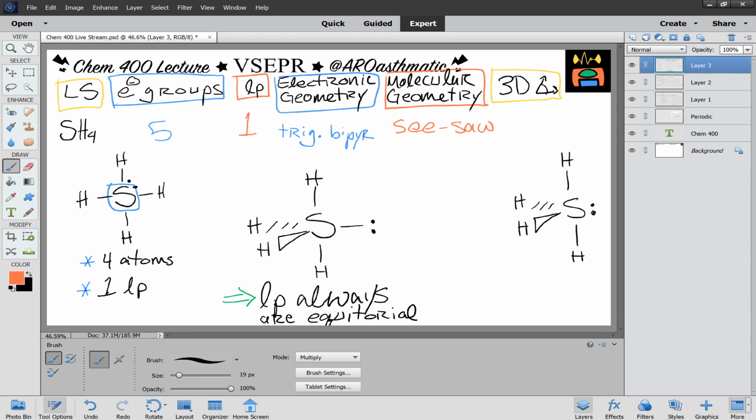Now, this made perfect sense to me growing up. There's this form of play equipment called a seesaw or a teeter-totter, and it kind of looked like this. If you put this molecular geometry on its side, this piece of play equipment kind of looked like this geometry, so it made sense to me.